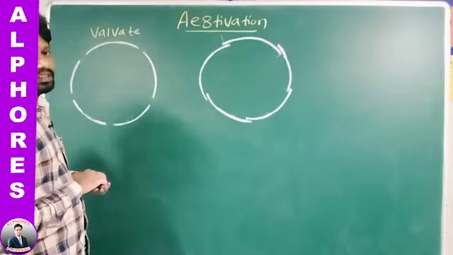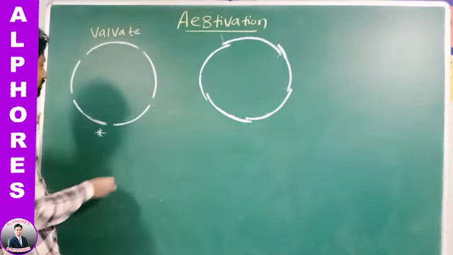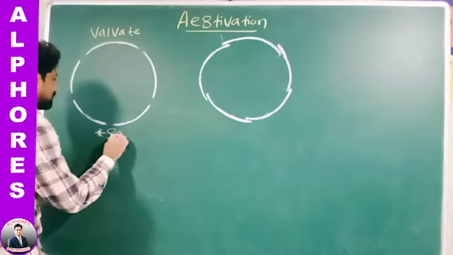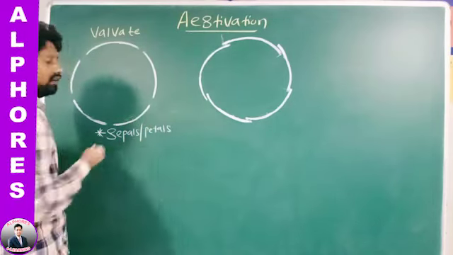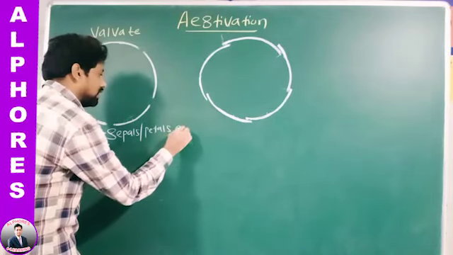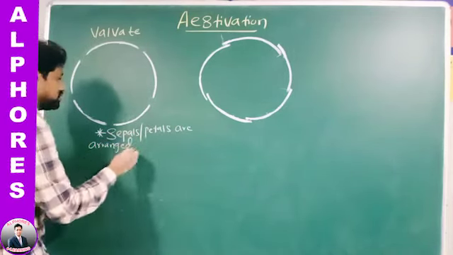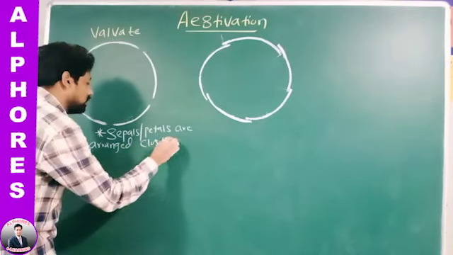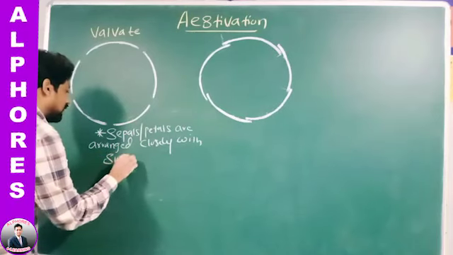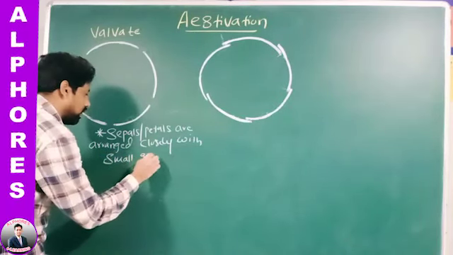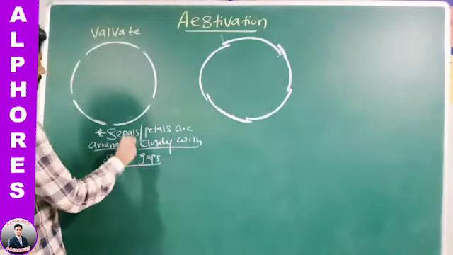This is valvate estivation. I am writing statements concerned with valvate estivation. Sepals or petals are arranged closely with small gaps.